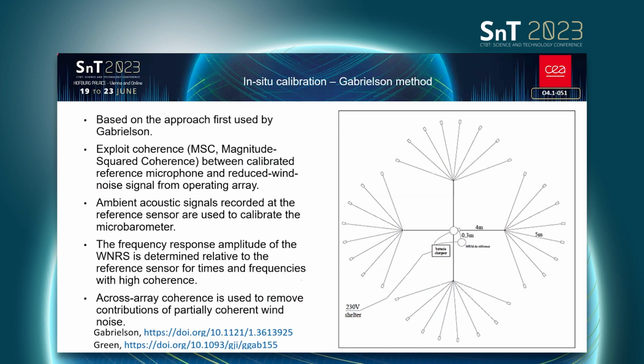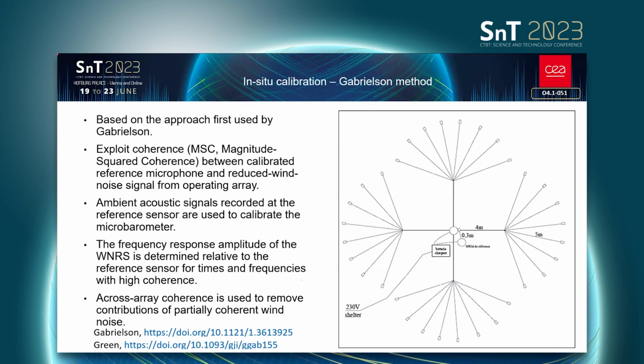So the Gabrielson method, which I think has been talked about a few times at this conference before. Basically the idea is having this co-located reference sensor with the system under test. For example, in here we've got a reference sensor located right at the center of the wind noise reduction system. That allows us to use ambient acoustic signals to measure the relative response of the reference to the system under test.